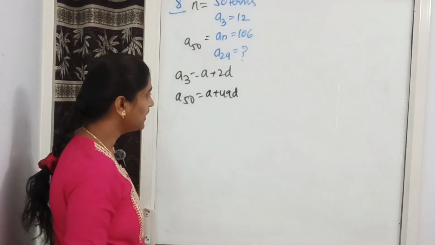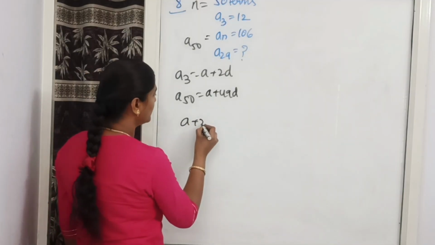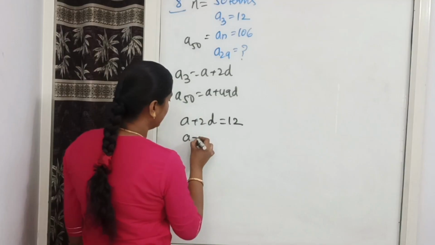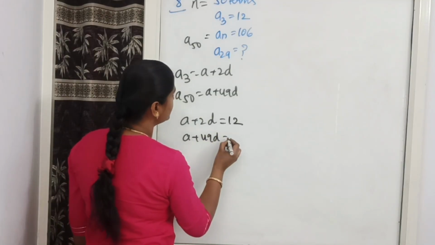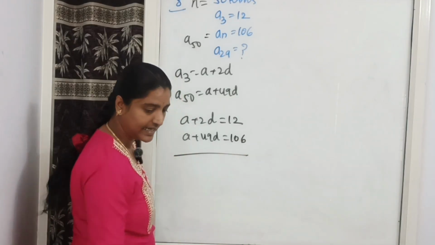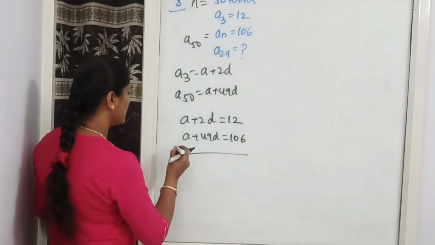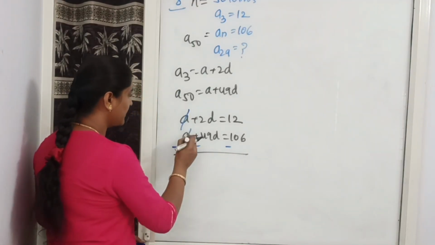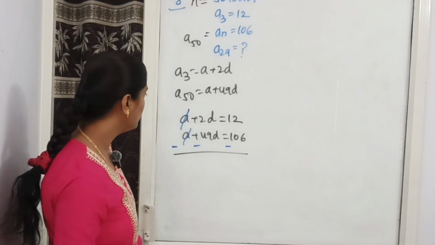Okay, so now write them one by one. A plus 2D is equal to 12, and A plus 49D is equal to 106. So change the sign. Negative, negative and negative. A cancels, positive and negative getting cancelled.